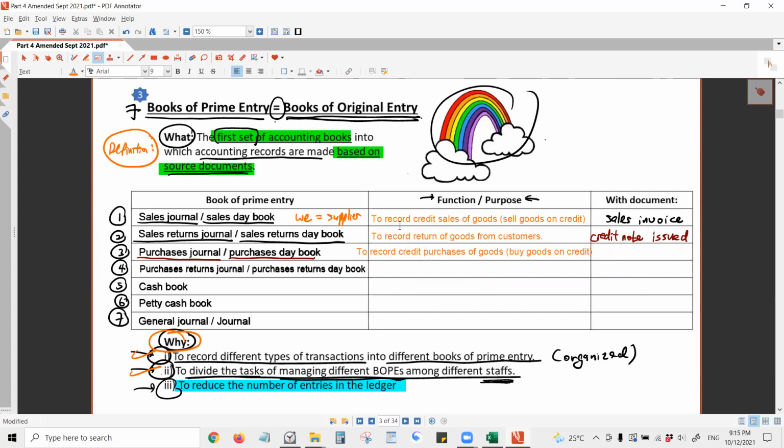Okay, next. Tell me the document that will give you this transaction so that you can record into the sales journal. Sorry, the purchases journal. So, anybody? What do you think I will write here? What document will give you this transaction so that you can record into the purchases journal?